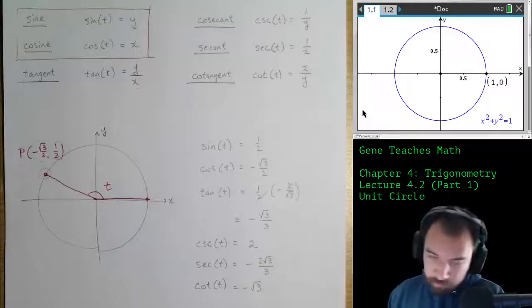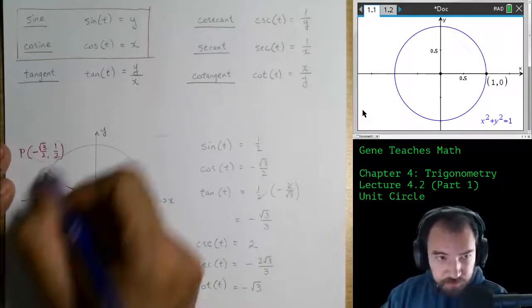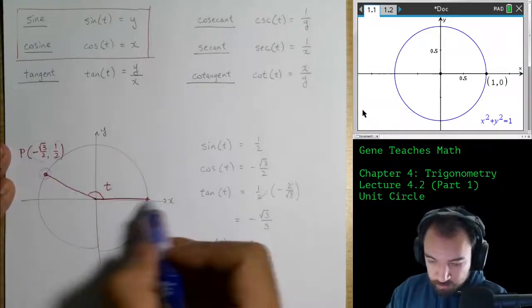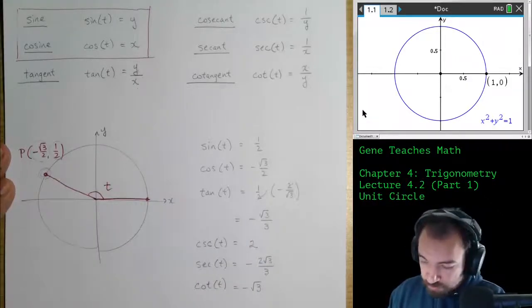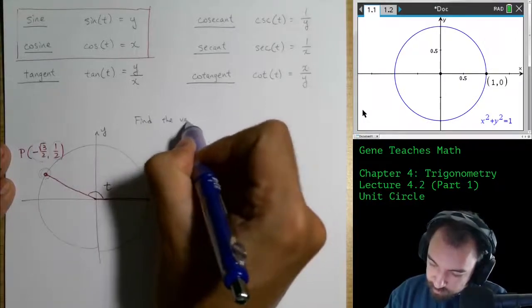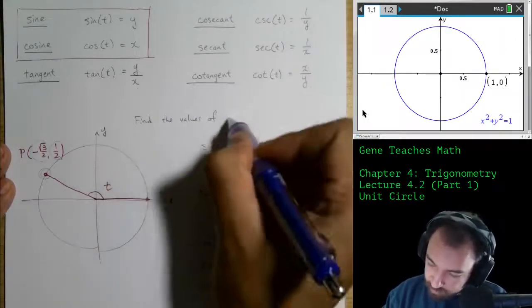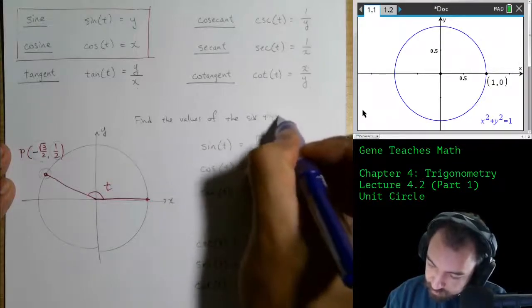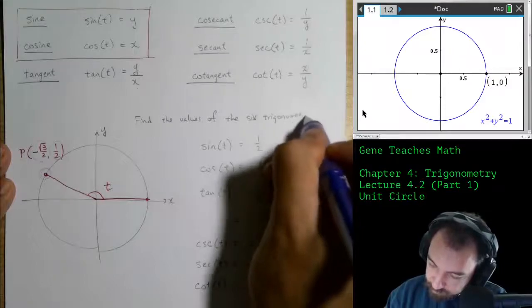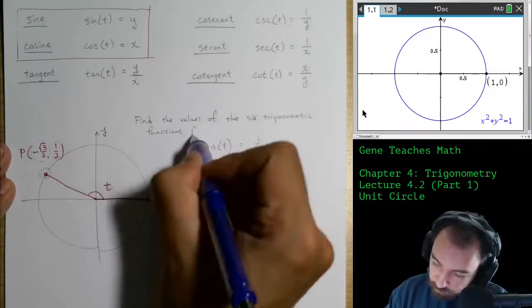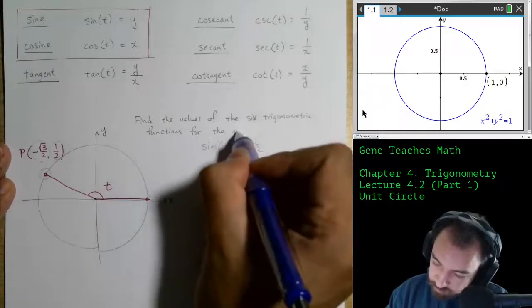So the way we would perhaps phrase this question is, given this circle, given this angle, given this point where the terminal side of the angle intersects the unit circle, it might be, find the values of the 6 trigonometric functions for the angle shown.